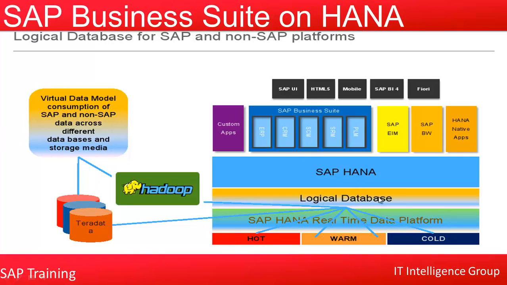For example, data you are not using very frequently, you can transfer it or put it in an archive, or if you want it to be available online, you can go for tools like IQ based archiving, that is NLS based nearline storage. So you have these concepts: hot data is available in HANA, warm data you can say is Sybase IQ, and cold data you can put in archive tapes.